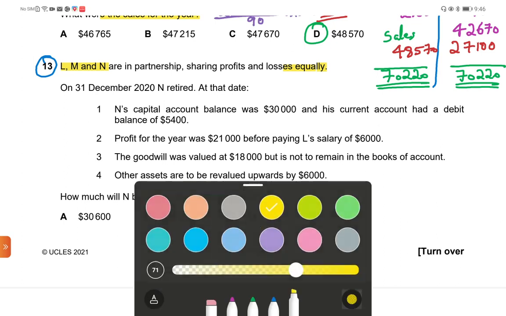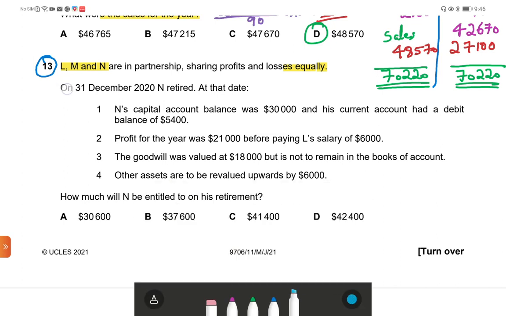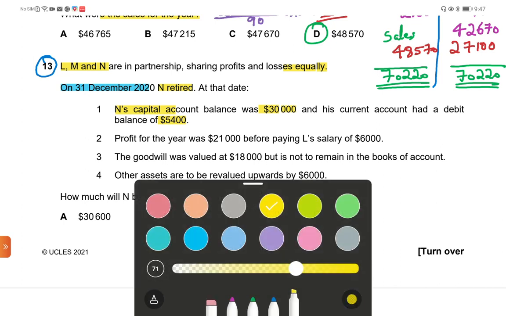On 31st December 2020, N retired. N's capital account is 30,000 and his current account has a debit balance of 5,400. Profit for the year was 21,000.